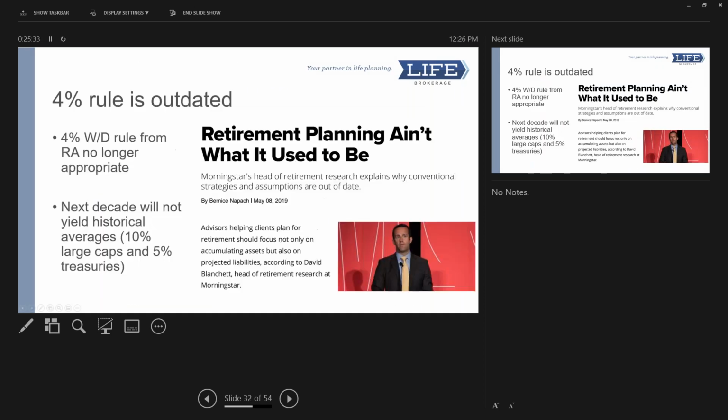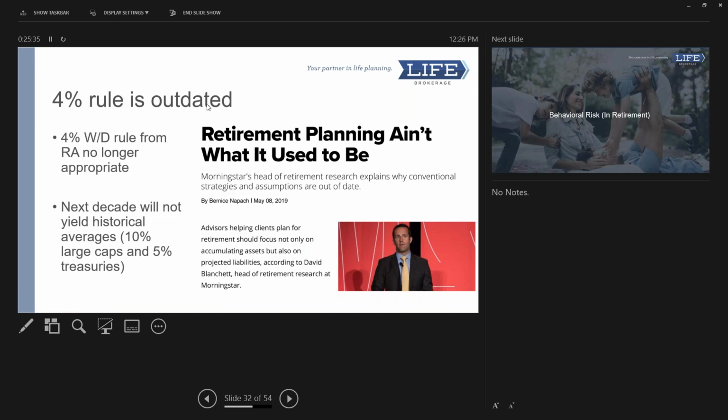Heat maps, again, JP Morgan. Here's my logic on the 4% rule. This is the head of Morningstar, right? They're investment driven. The 4% withdrawal rule is no longer appropriate. We cannot expect historical averages of 10% in equities and 5% in treasuries. Treasuries are so low, and equities are so volatile.